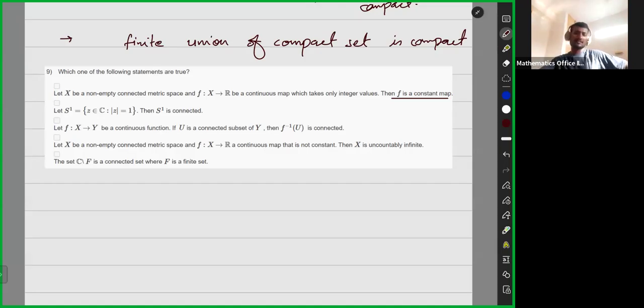See, X is connected, and if you have a discrete set, so integer values, which takes integer values. How are integers discrete inside real numbers, right?